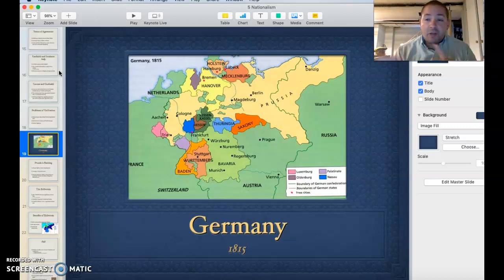They have a trade zone, they're called the Zollverein, a free trade zone. They have a common language, but there's Württemberg, there's Bavaria, there's Baden, there's Hessen, there's Thuringia, there's Saxony, there's Prussia. They're all different little kingdoms or principalities, not united.